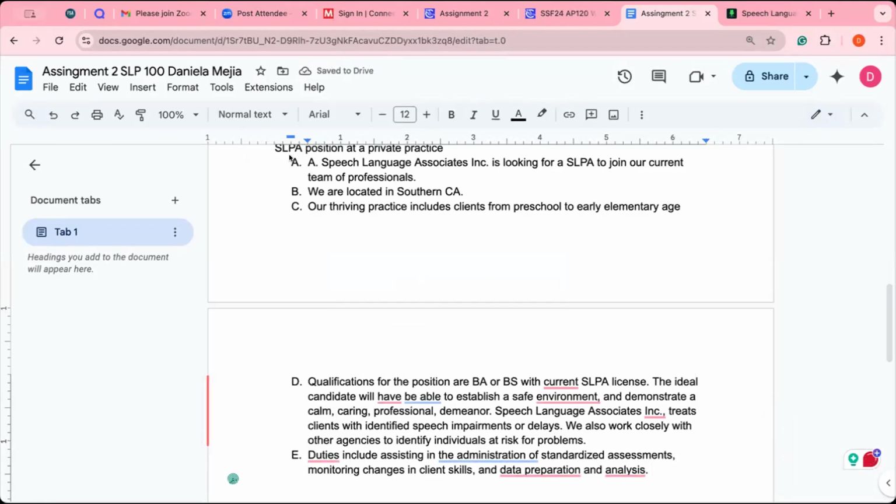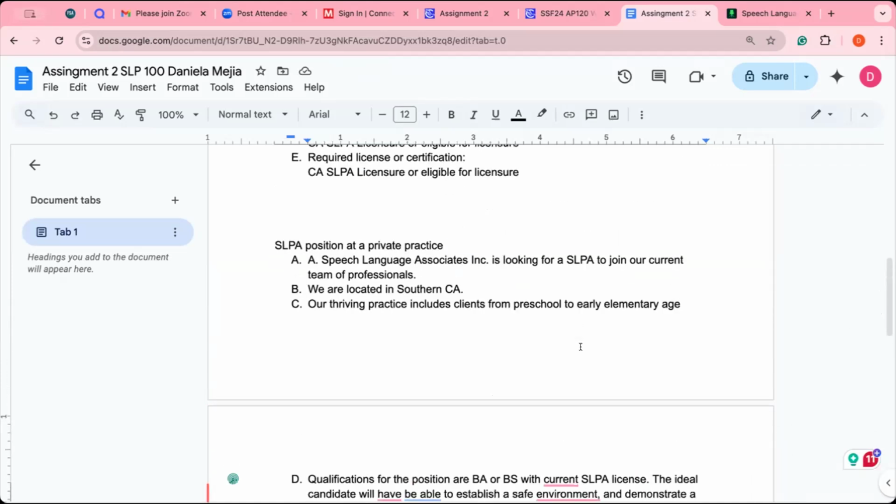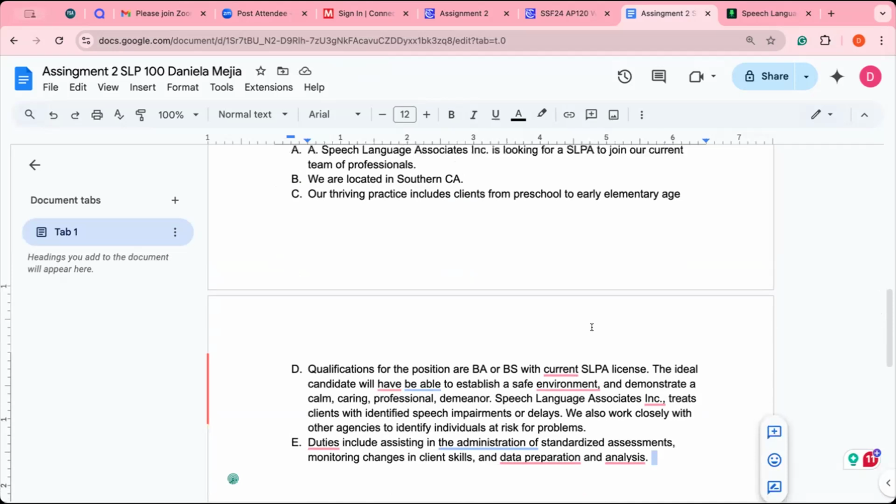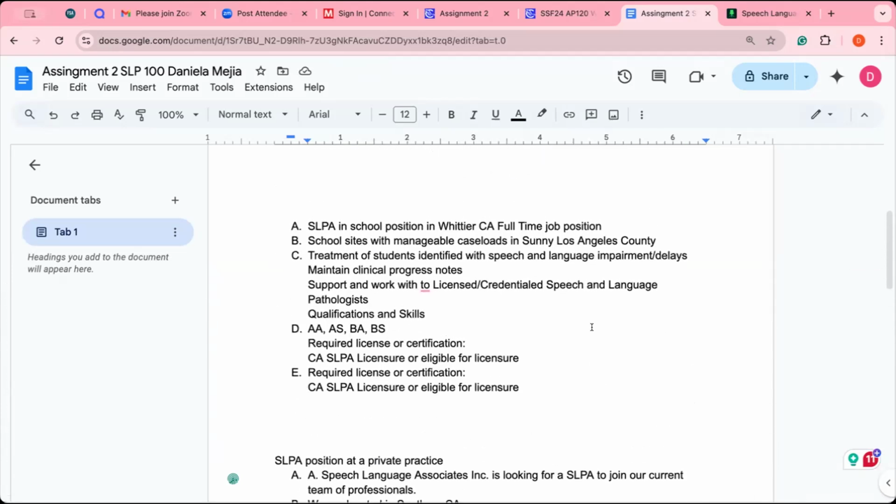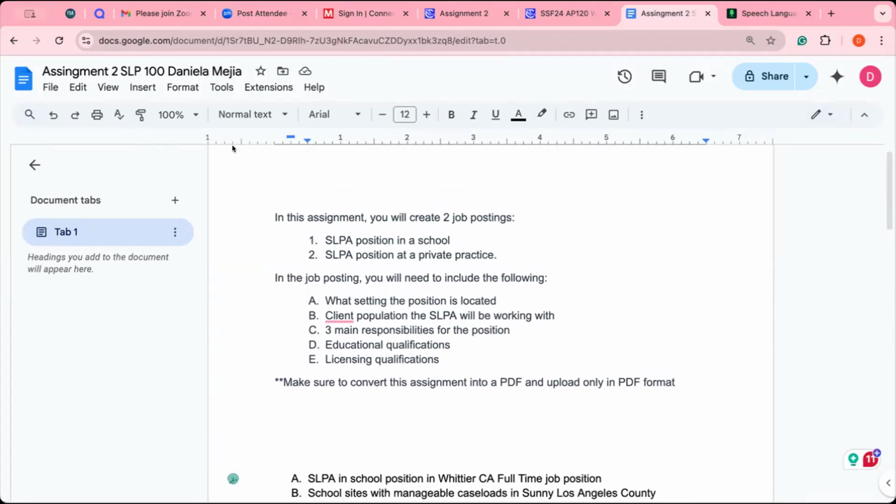Okay. Am I missing anything? I don't think so. What is the position and client population?